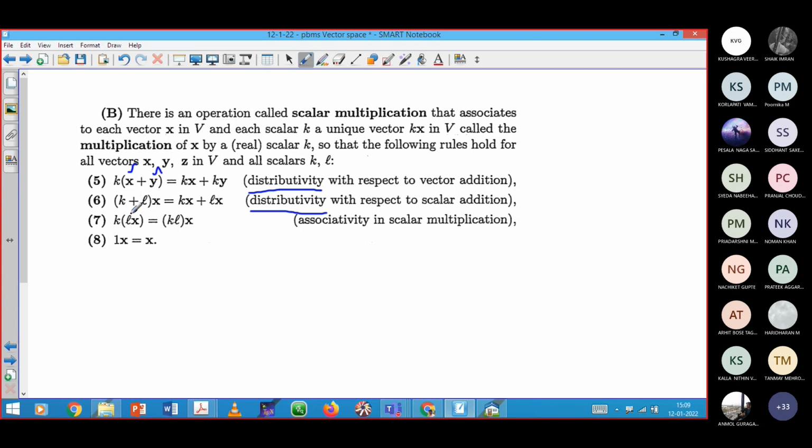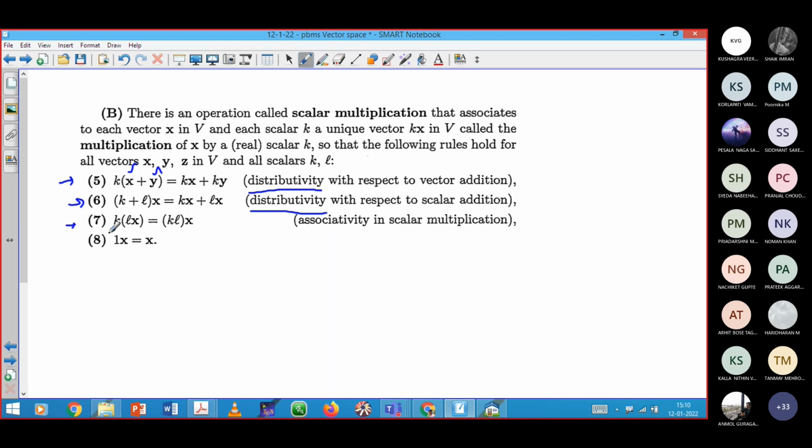But in the second property, the sixth property, you use two scalars and only one vector. So this is related to scalars, and that is related to vectors. That's why they are split in two ways: distributive property with respect to vector addition, and distributive property with respect to scalar addition.